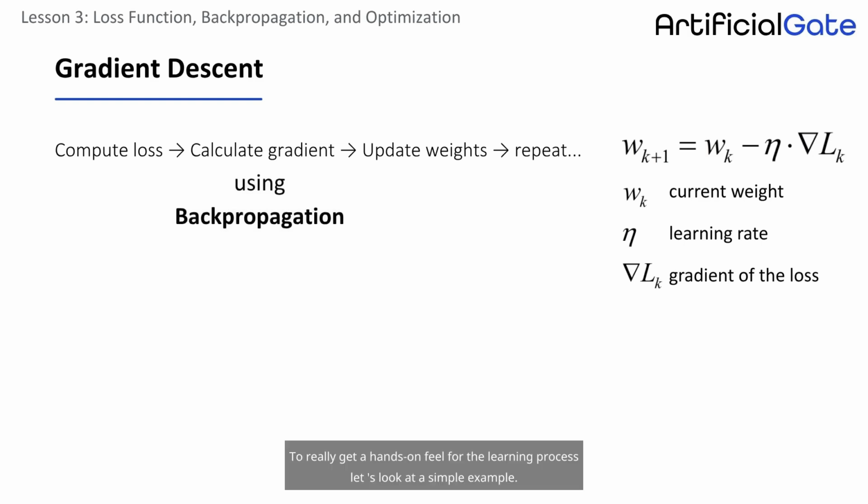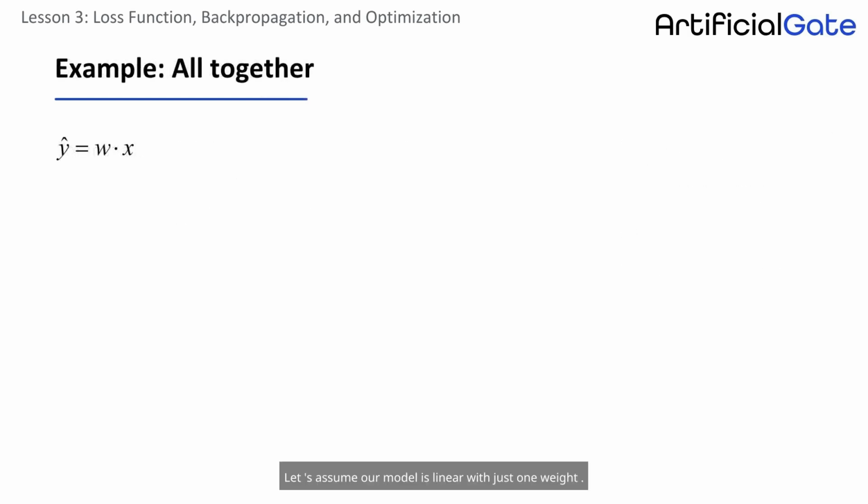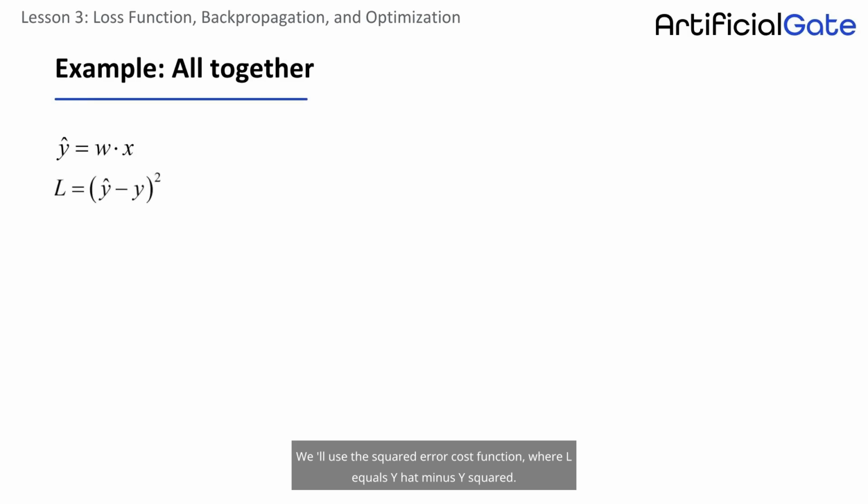To really get a hands-on feel for the learning process, let's look at a simple example. Let's assume our model is linear with just one weight. That is, y hat equals w times x. Here, the prediction is simply the input multiplied by the weight. We'll use the squared error cost function, where L equals (y hat minus y) squared.